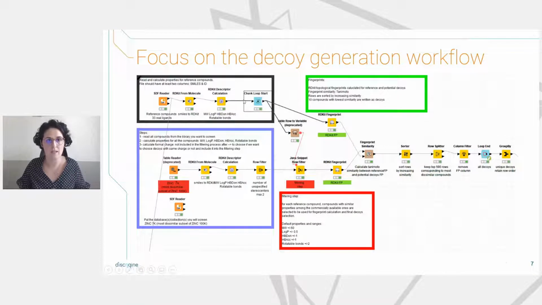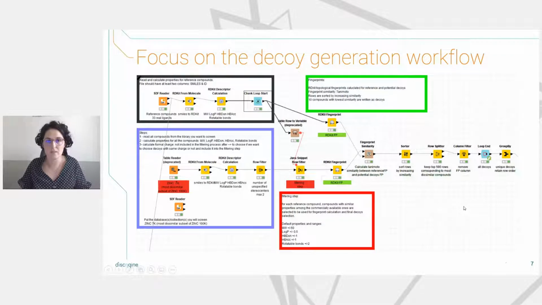Then for each active molecule, we loop and filter the database, keeping only compounds that are in the range for the physico-chemical properties. Then we compare the fingerprints and keep the most dissimilar ones, so we sort by increasing similarity.